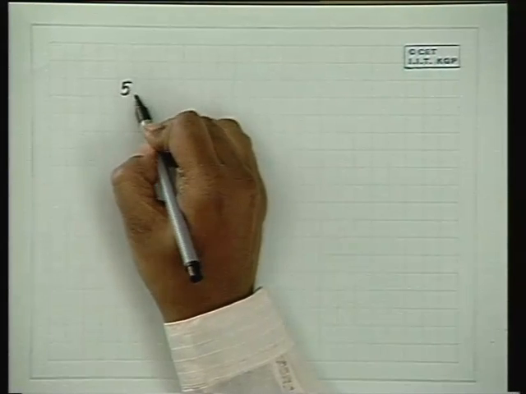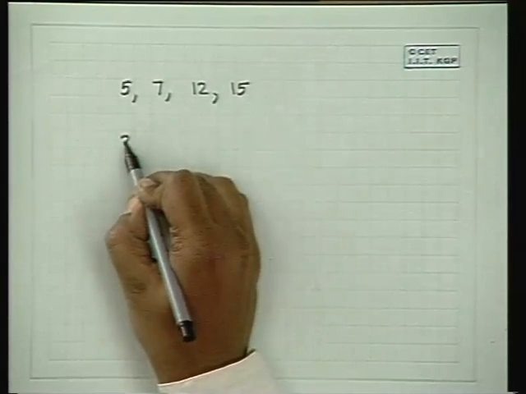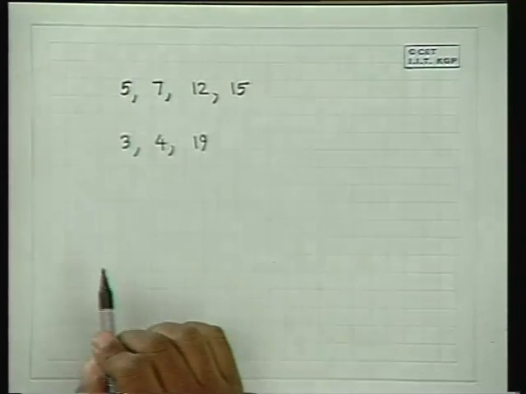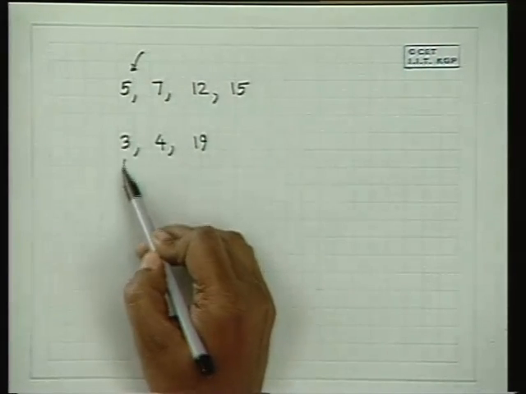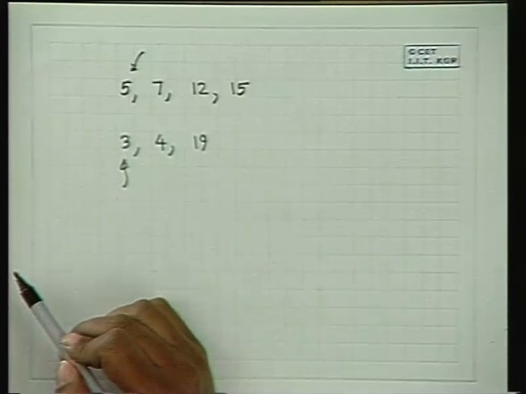then trying to do a union operation is not difficult, because if you recall, when we had ordered sets of numbers 5, 7, 12, 15, 3, 4, 19, then we said that a union algorithm will be a modified version of the merge algorithm of merge sort.